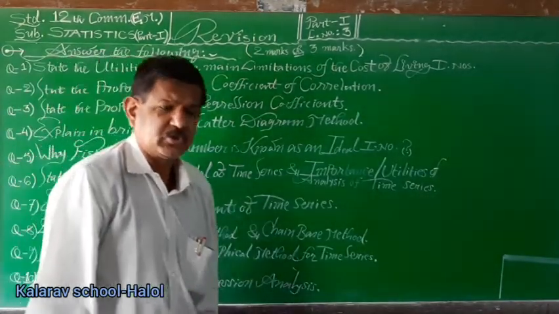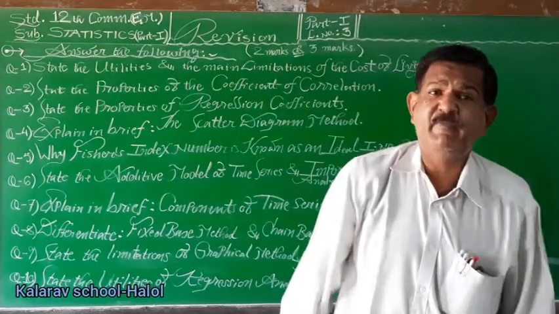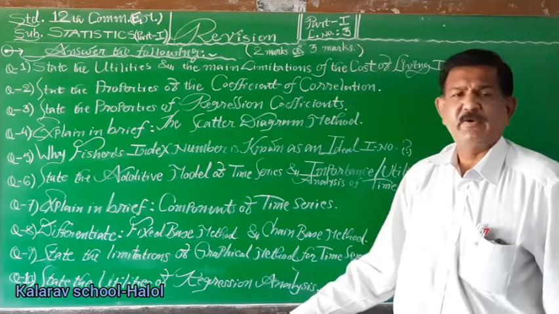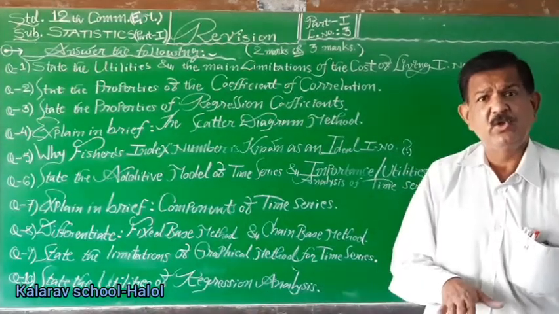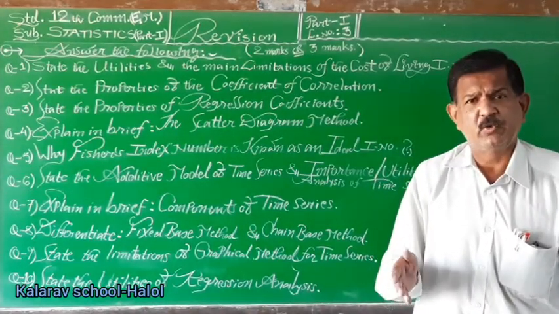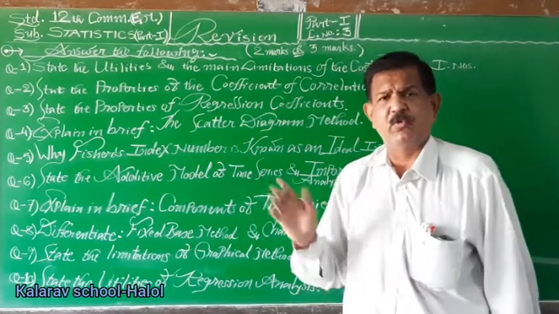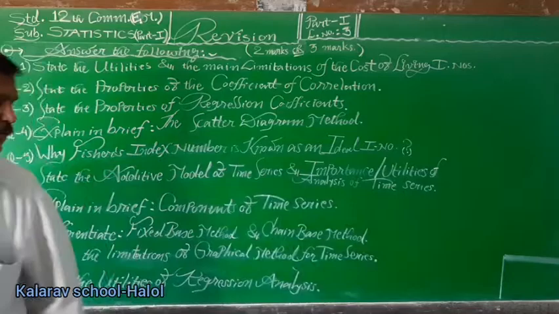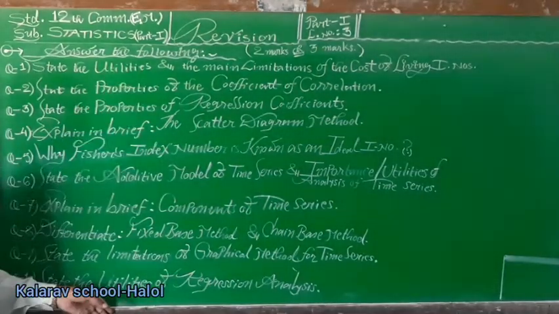And most of the students, more than half of the students, do not attempt this part, and so they do not get good marks or cannot score higher marks, right? You must prepare and be careful about statistics theory.